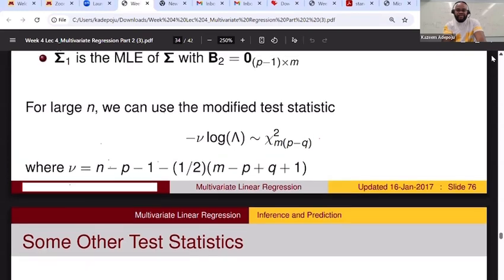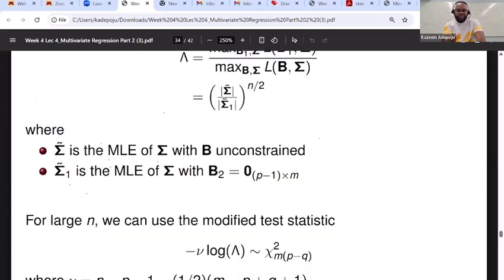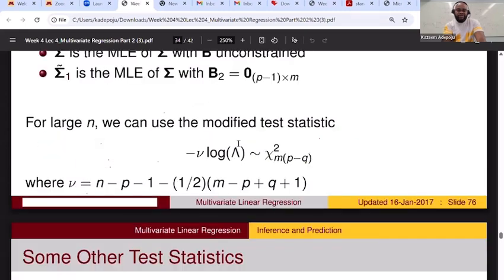The test statistic: the moment you get your Wilks' lambda here, you can take the log of the Wilks' lambda multiplied by negative v. And what is your v? It involves your N, your P, your Q. N is the number of observations, P is the number of explanatory variables in the full model, and Q is the number in the complicated.